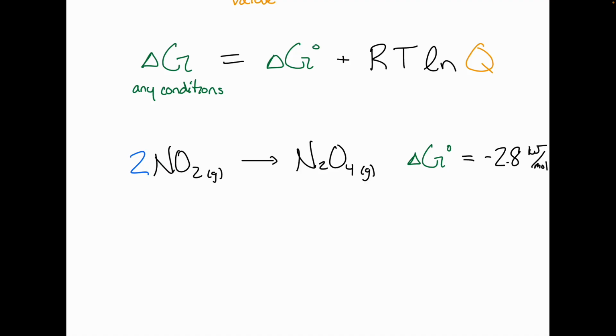So we know that this reaction will proceed spontaneously in the forward direction if this gas was at 1 atm and this gas was at 1 atm, because that was our standard conditions.